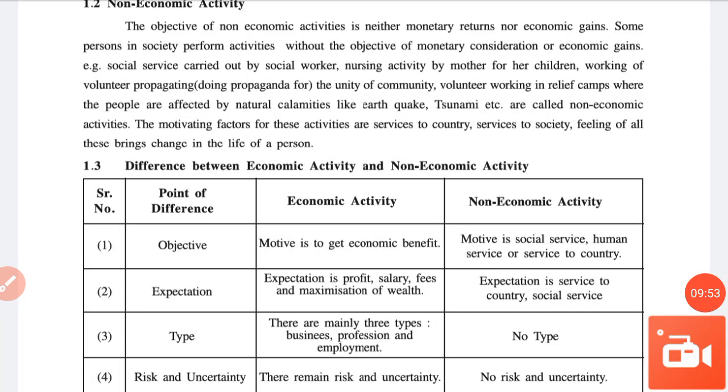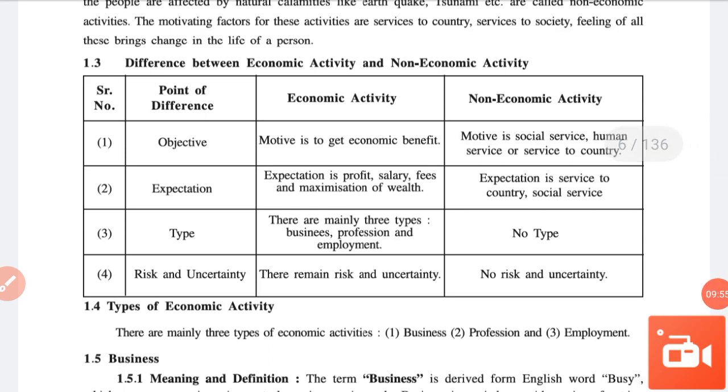Point of difference: objective. What is the objective of economic activity? To get economic benefit. The objective of non-economic activity is social service, human service, or service to country.